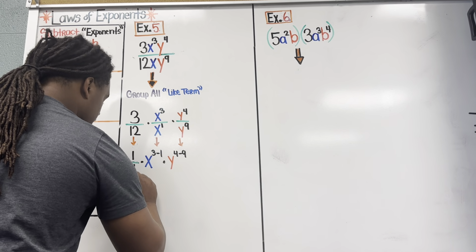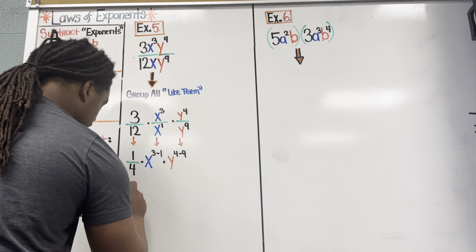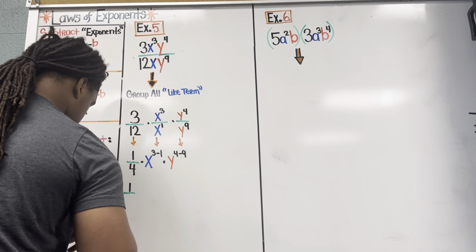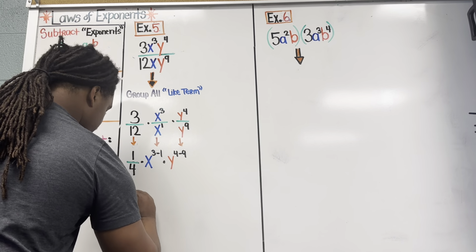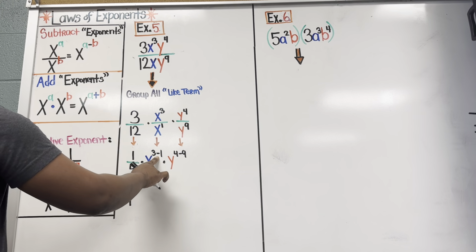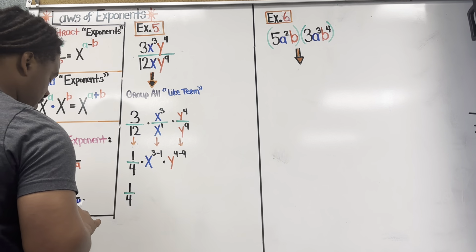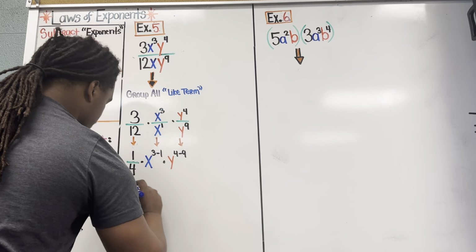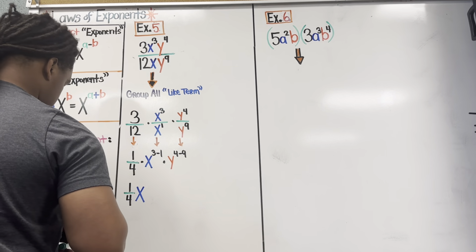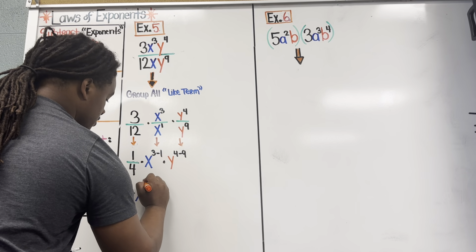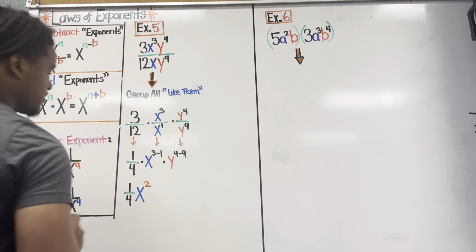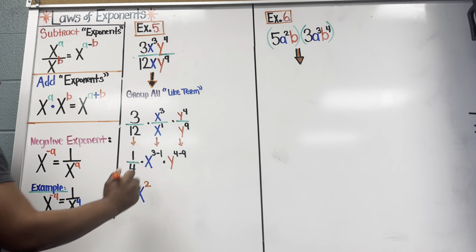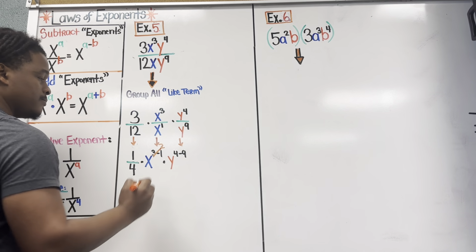So once again, I still have a coefficient of 1/4. X to the 3rd minus 1 power is actually x to the 2nd power, because 3 minus 1 equals 2, okay?